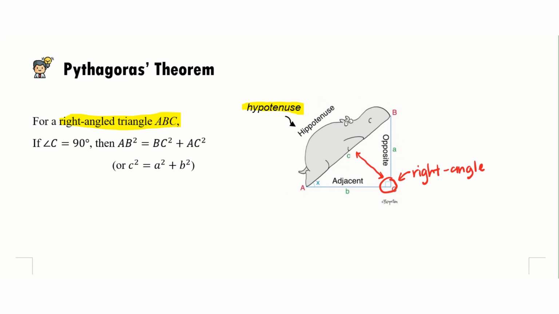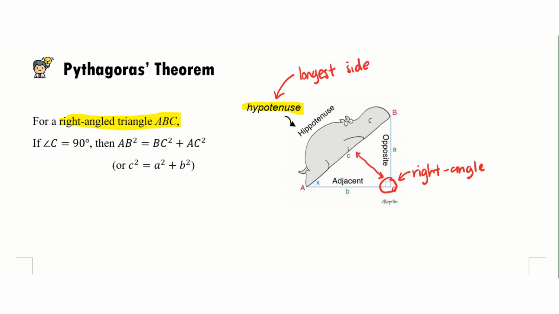So now that we have been able to identify the hypotenuse through the right angle, that is one way. Another way is that the hypotenuse will always be the longer side. Although it isn't very easy for us to visually identify that the hypotenuse is the longer side, we will just accept it as a fact for all right angle triangles only, that the hypotenuse will always be the longest side.